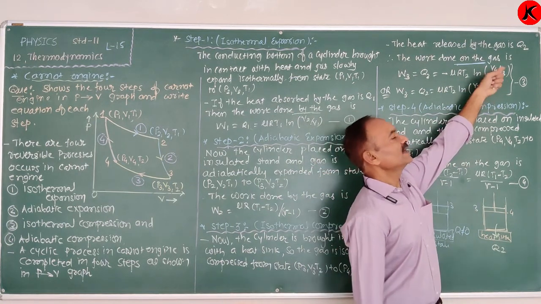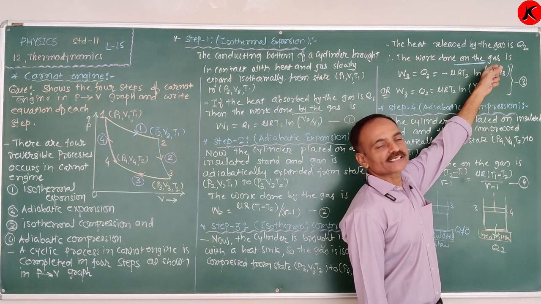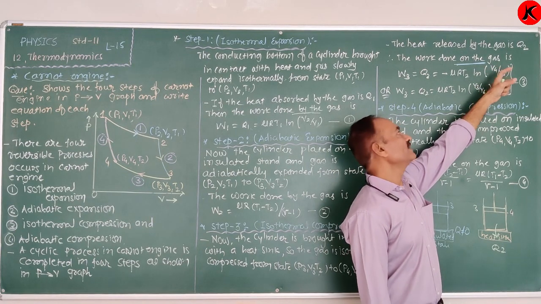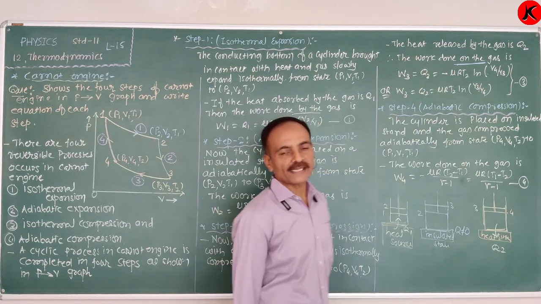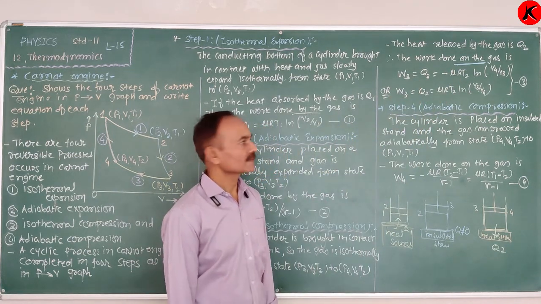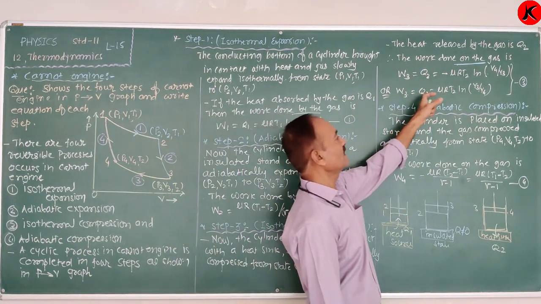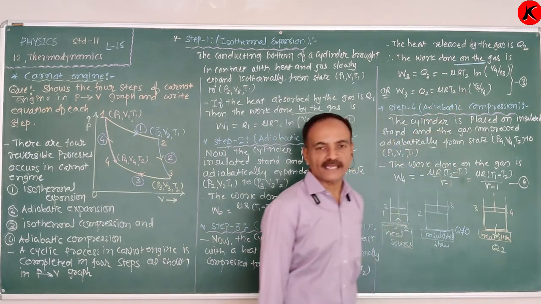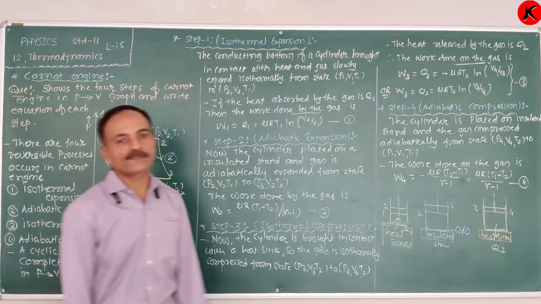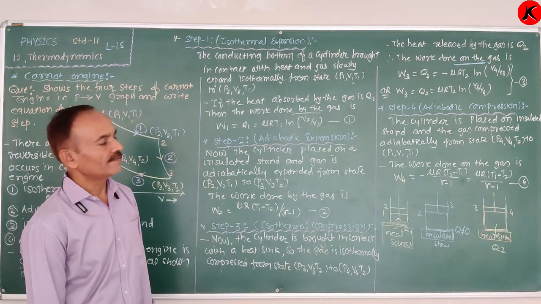Yes, we invert this ratio. Instead of V4 upon V3, we can write V3 upon V4, so the negative becomes positive. Therefore, W3 is equal to Q2 is equal to mu R T2 ln V3 upon V4.